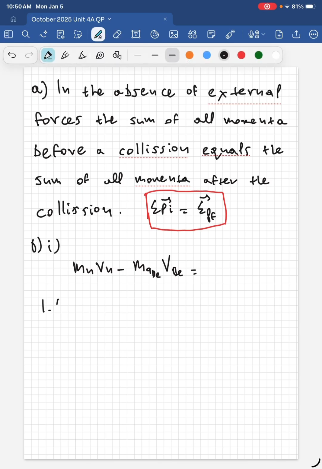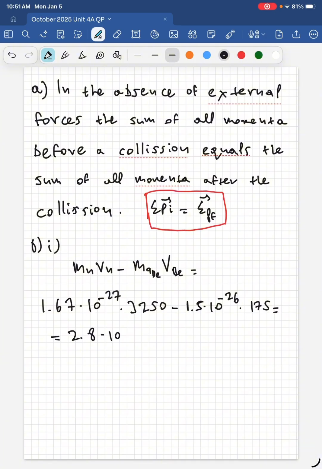So let's plug in the numbers. The mass of the neutron is 1.67 times 10 to the negative 27 kilograms times 3,250 meters per second, the velocity, minus 1.5 times 10 to the negative 26 times 175, which is the velocity, yields 2.8 times 10 to the negative 24, and that's kilograms times meters times seconds to the minus 1.